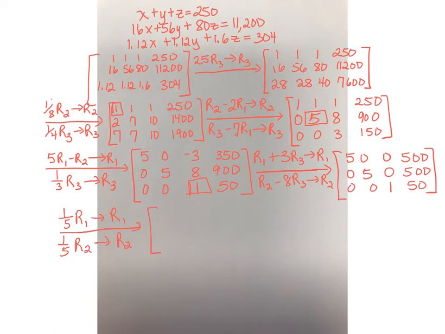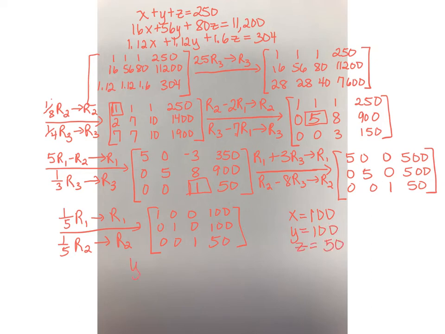That'll give us the matrix 1, 0, 0, 100, 0, 1, 0, 100, and 0, 0, 1, 50, which means x is equal to 100, y is equal to 100, and z equals 50.